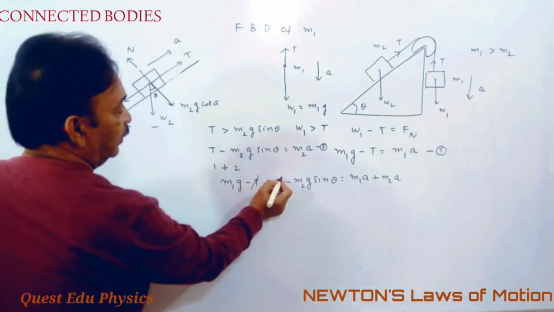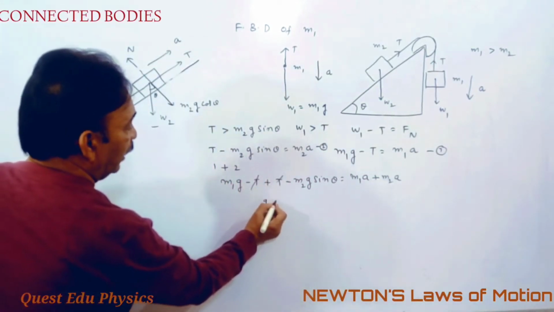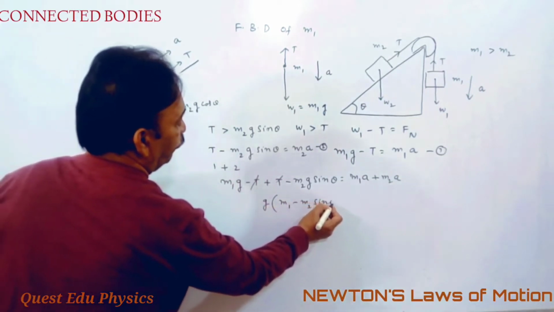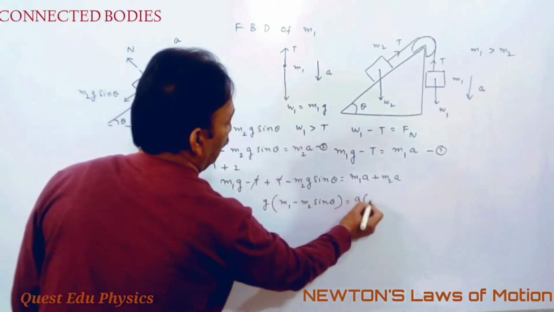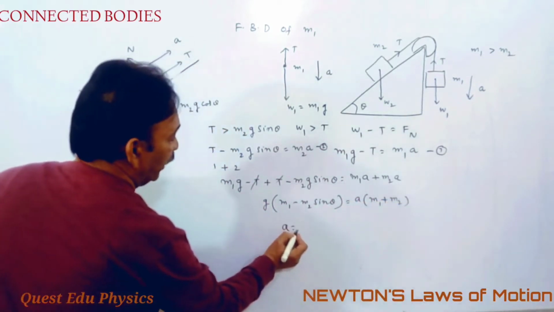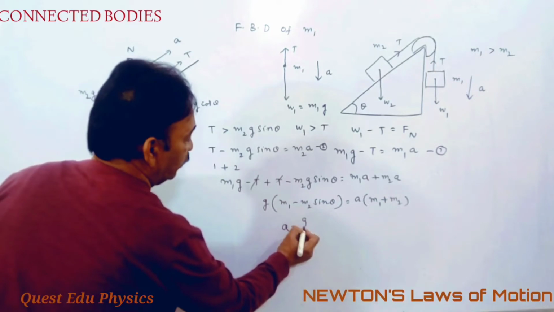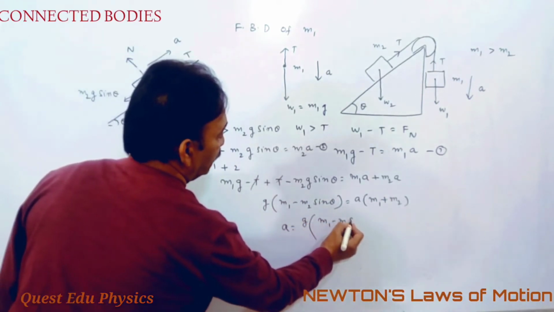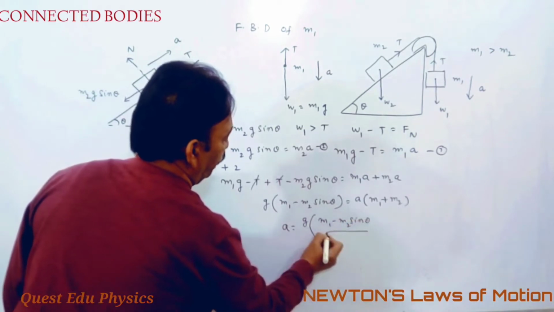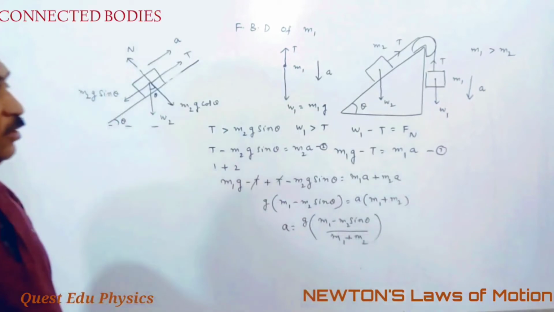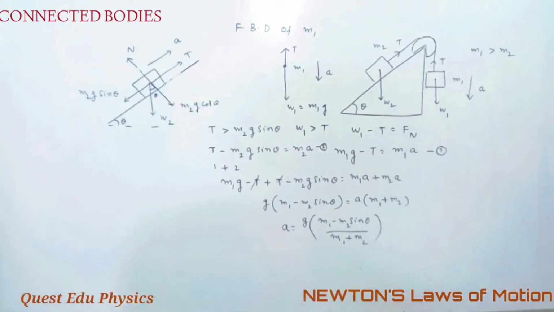Here T and T get cancelled and G of M1 minus M2 sin theta is equal to A of M1 plus M2, and we got the acceleration is equal to G of M1 minus M2 sin theta by M1 plus M2. In this way you can find the acceleration.